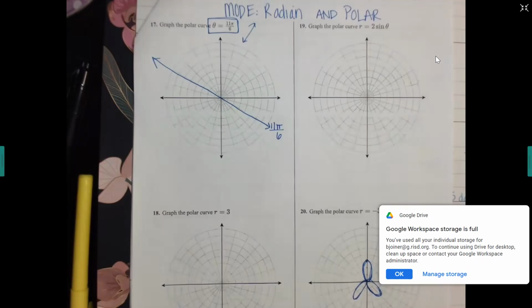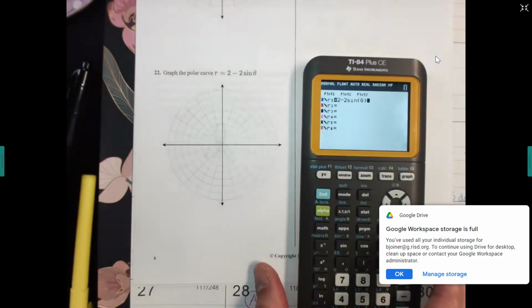All right, I think there's only 2 left on the back, so let's do number 22. Type in 2 minus 2 sine theta. Okay, remember for your theta, you're just putting the regular X button and it should pop up correct.